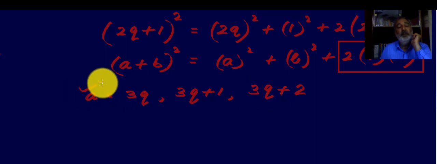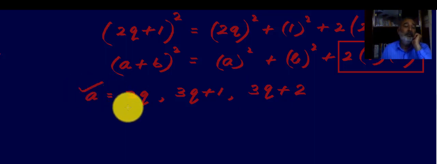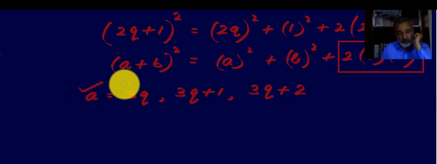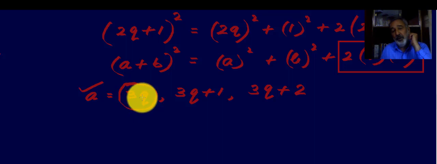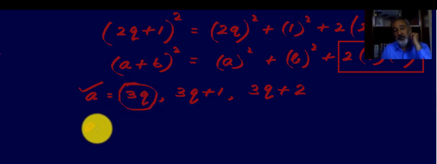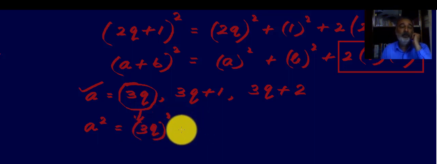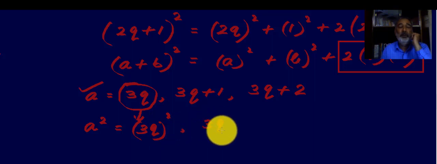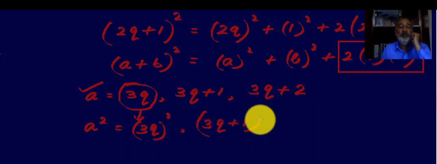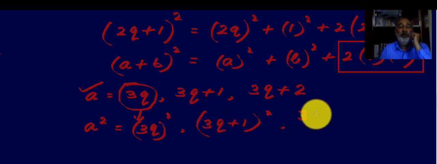So a can have 3 different values. It's so easy to write the square of this number as it is a monomial. What will be the value of a square? Square of this number, 3q whole square. Next number, 3q plus 1 whole square, 3q plus 2 whole square.